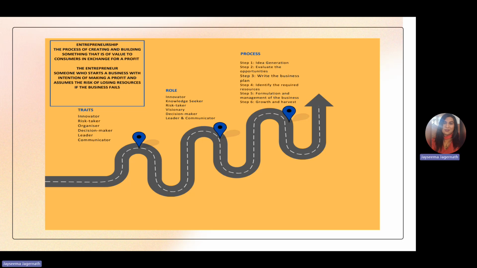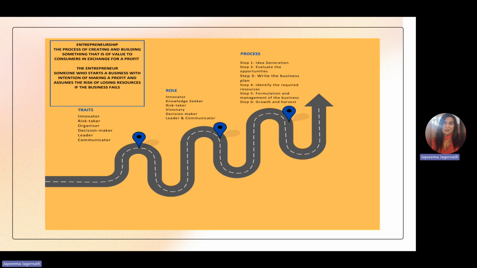So we say that entrepreneurs are born, which means they have some innate skill within them. And there are a few traits that we have identified that are common amongst entrepreneurs. And these are not the only traits, there are numerous other traits.